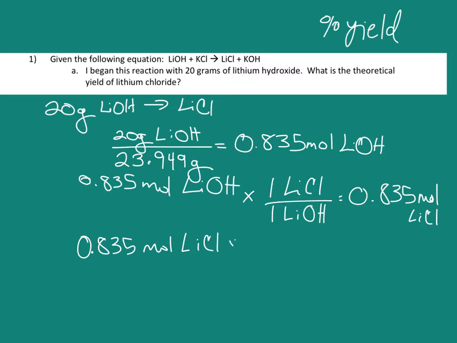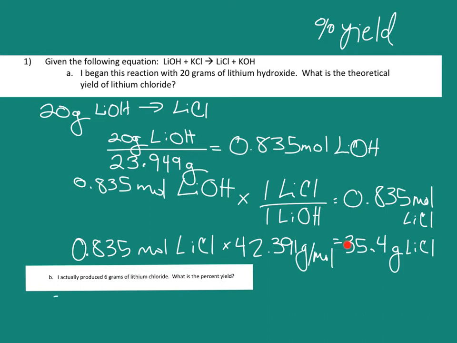So the next step is to convert from moles of lithium chloride to grams of lithium chloride. And of course, you could do all of this in a single step, a single multiplication and division problem. I just split it up for purposes of this video. So we end up with 35.4 grams of lithium chloride.